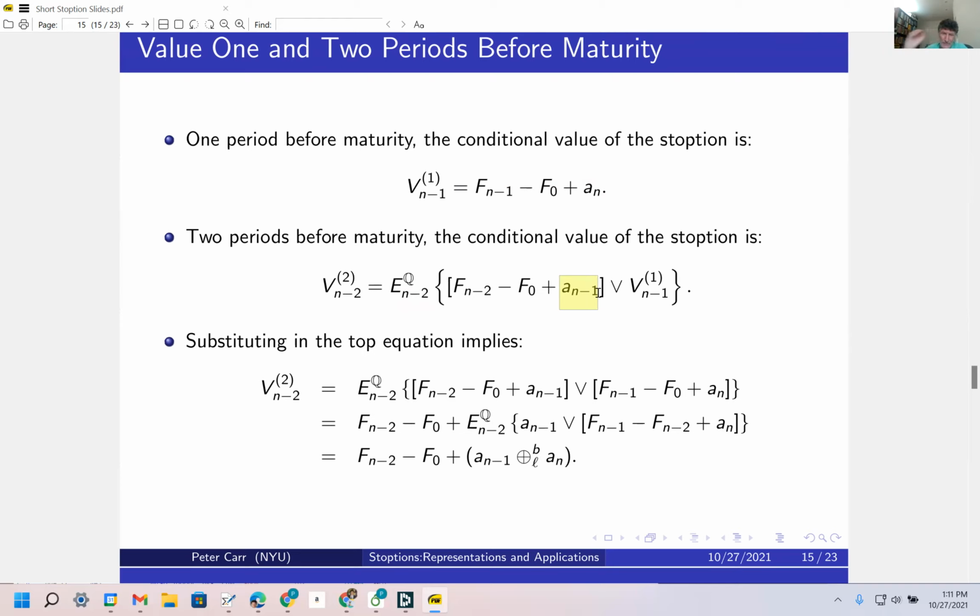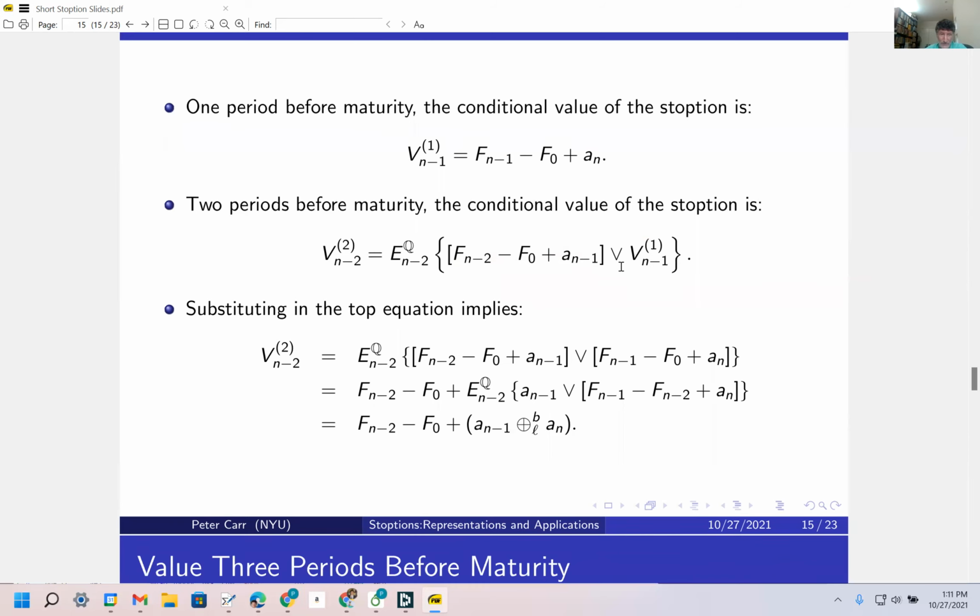If you did that, we would add this A_{n-1} to all the previously unswapped price changes. But you don't have to exercise at time n minus 1. You could continue, and if you continue, you get the continuation value, which is in the bullet point above. Obviously you're going to choose the larger of the stopping value at n minus 1 and the continuation value at n minus 1, so the max appears.